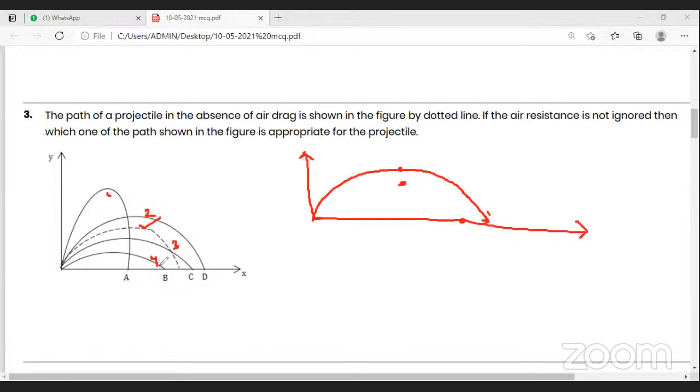Okay, in the fourth case only both are less than this dotted line. So that answer is the fourth one.